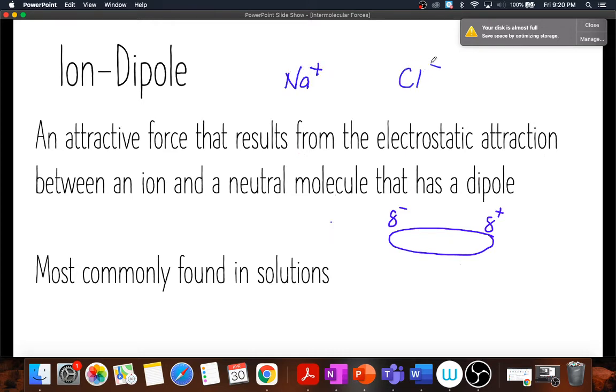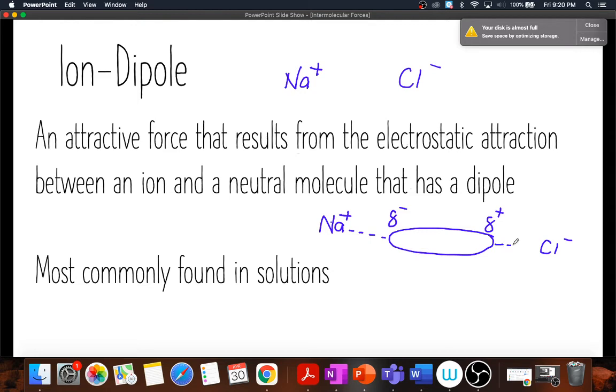and Cl-. Now these Na+ and Cl- are going to orient themselves all throughout that particular solvent. When they arrange themselves, there is going to be an attraction between the positive ion, or cation, and the partial negative that exists in that particular solvent. So this is an attraction between an ion and a dipole. And the same exists for the Cl-. Instead of arranging itself close to the partial negative, it's going to arrange itself close to the partial positive.